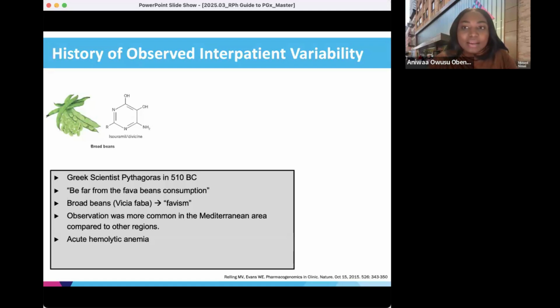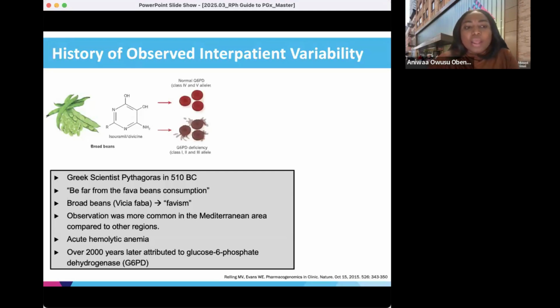But if you know anything about pharmacogenomics at all, or you probably remember this from pharmacy school, you can understand that this reaction was due to a deficiency of G6PD, or glucose-6-phosphate dehydrogenase. And this was only discovered more recently than what Pythagoras observed back then.